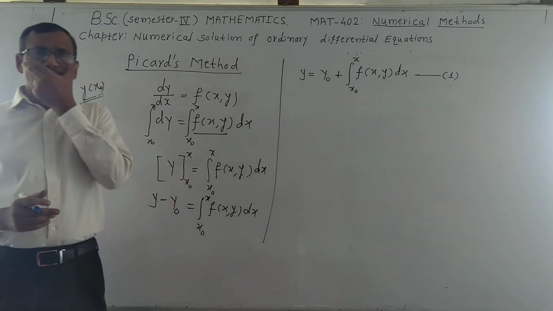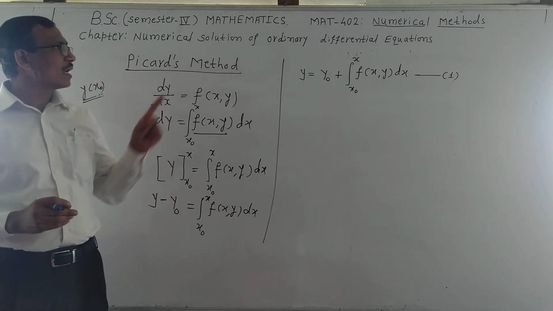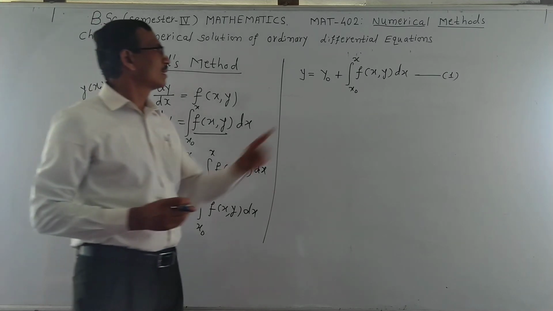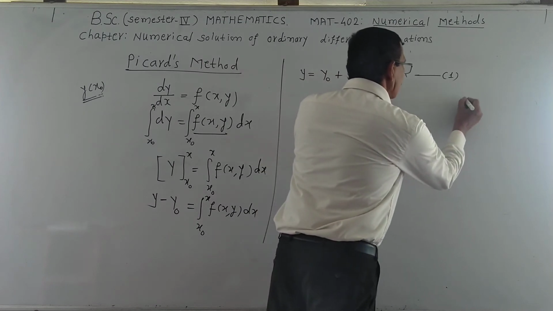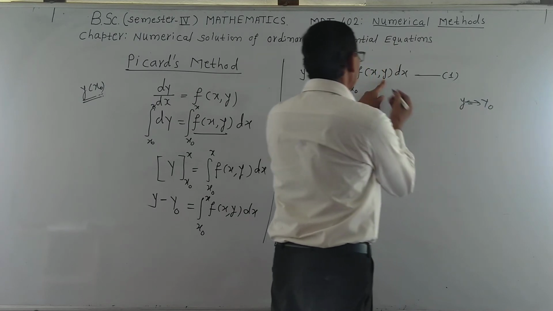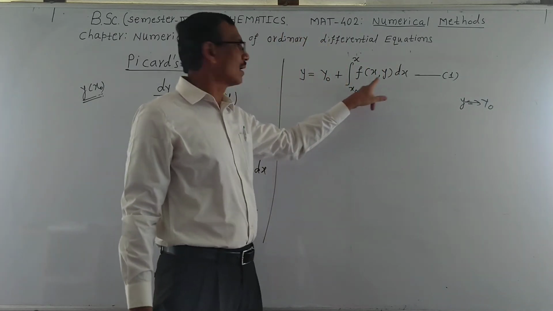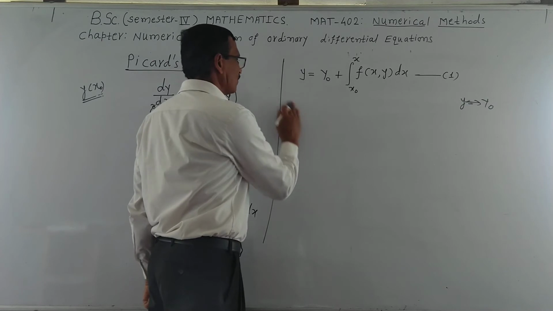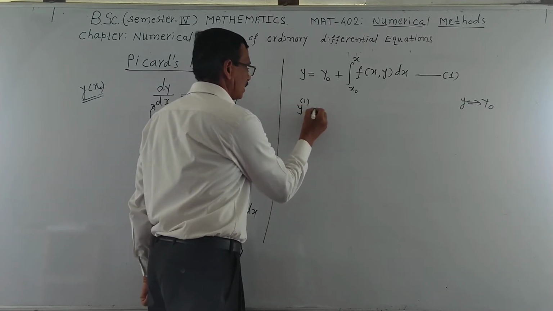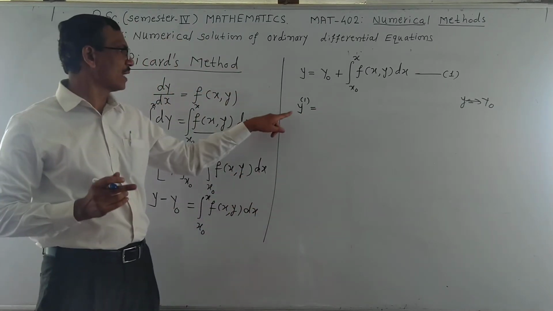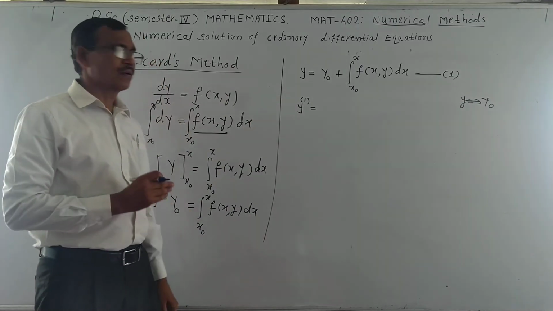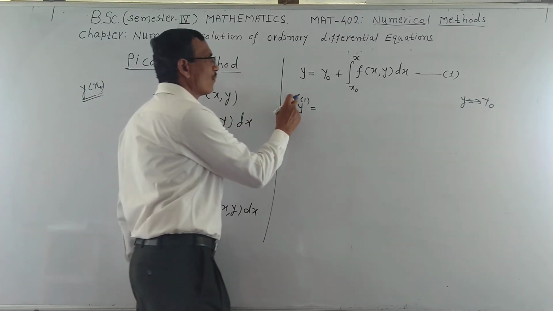Now to find the first approximation, on the right hand side we replace y by y0 in the RHS of equation 1, and therefore the first approximation is denoted by y1, that is the first approximate value of y.